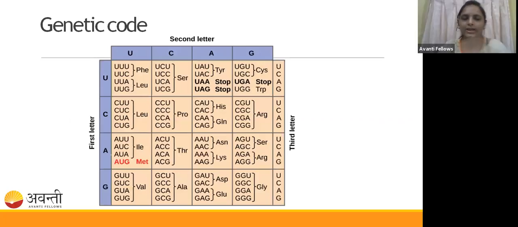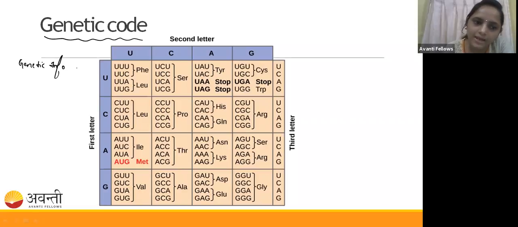Okay, guys, now let us go to the genetic code. Can anyone tell me what the genetic code is? The genetic code is the genetic information present in the mRNA.